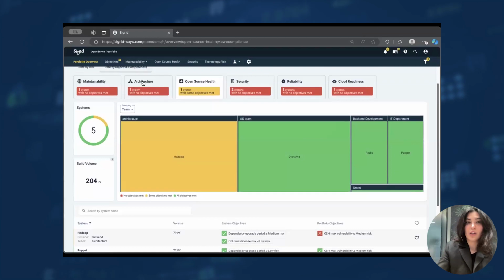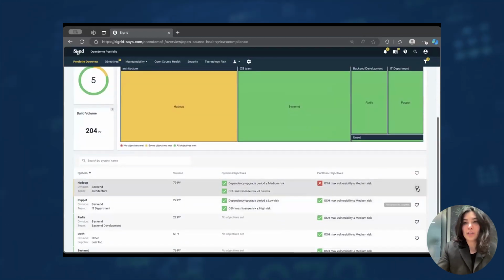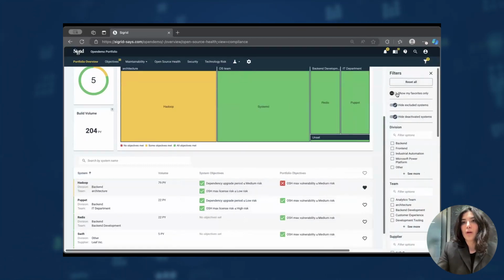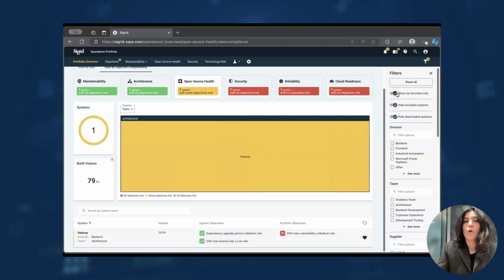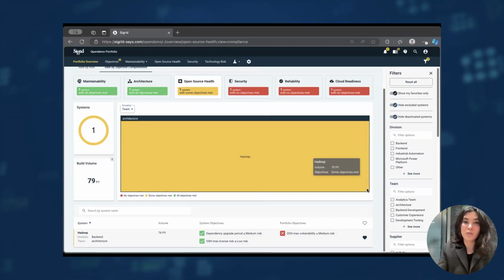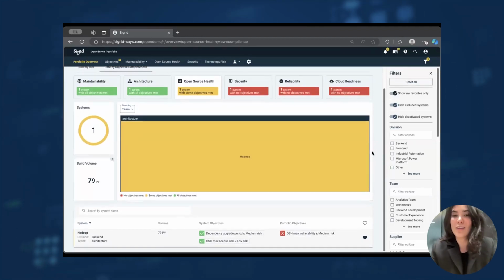So if you make favorite Hadoop, for example, and then go to the filter, and then show my favorites only. Always, when you come to the software, you can only focus on your domains, and it will make filtering also a lot easier for you. And then you can also use the grouping that Ken was showing you guys. And this way, you cut through the noise of seeing everybody else's systems. Yes, that's a very good addition, Shima.